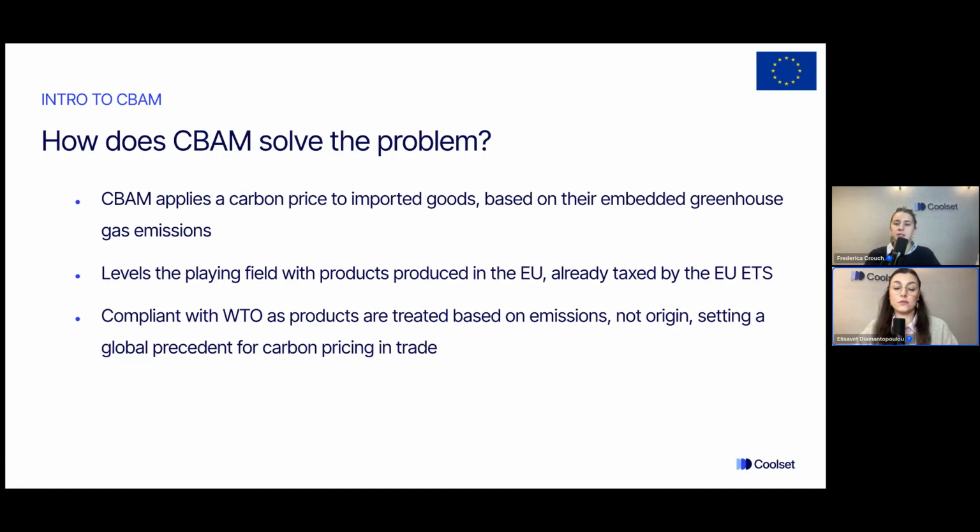It's important to see that it's not meant to be a protectionist movement, but more that it's compliant with WTO, as products are treated based on their emissions rather than their origin. So it equally benefits those producing in a low emission setting, whether you're in the EU or without, because your costs will be lower. So it's not protectionist for the EU, but it's setting a global precedent for carbon pricing within trade.